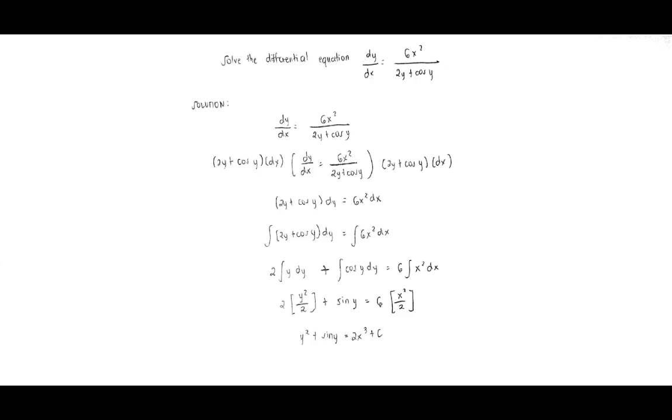So the final answer is y squared plus sine y equals 2x cubed plus c, where c is the constant.